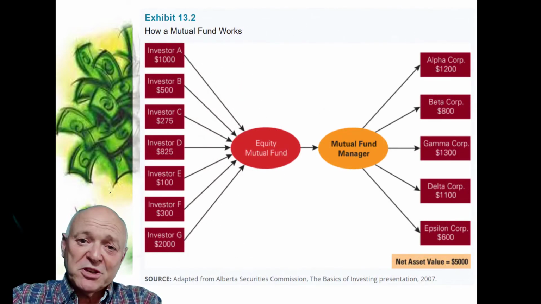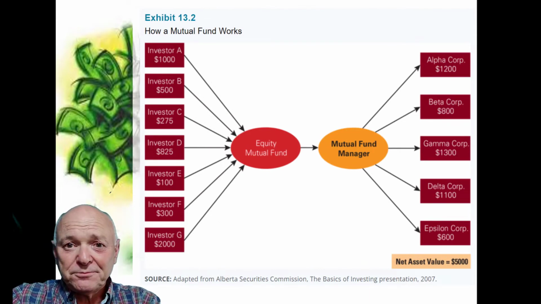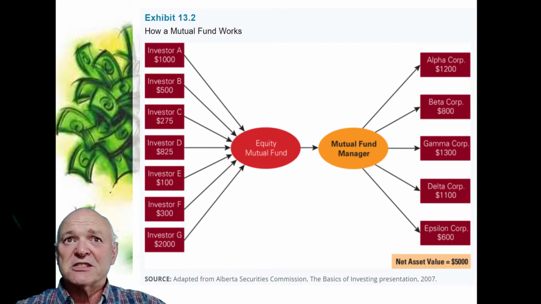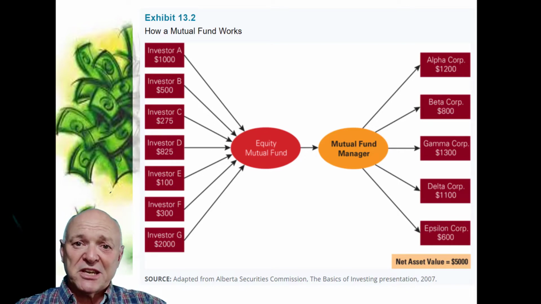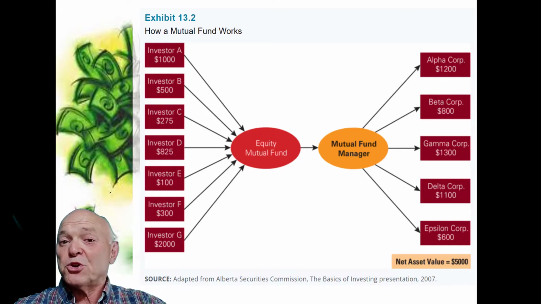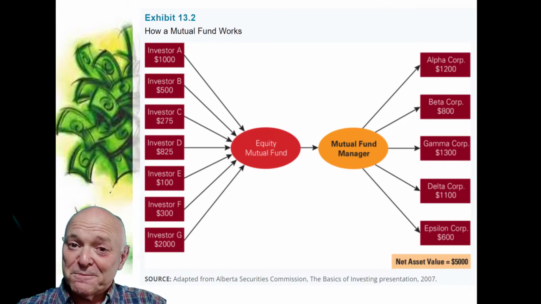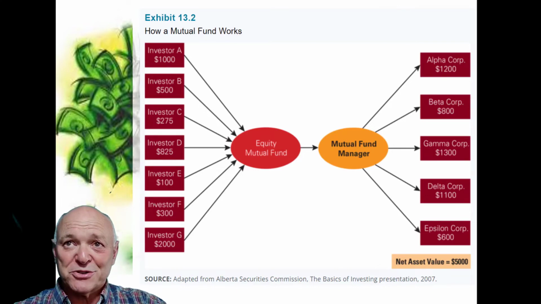From our textbook, you can see that the structure of these type of investments essentially brings together a number of small investors. On the left-hand side of the page, we have a number of investors, looks like 7 different investors who've put up between $2,000 and as little as $100 to invest in this particular fund. The total funds raised, in this case, the net asset value of the fund, is $5,000.